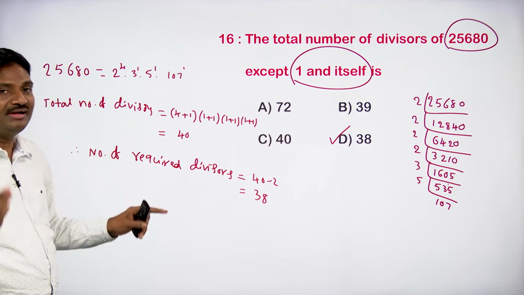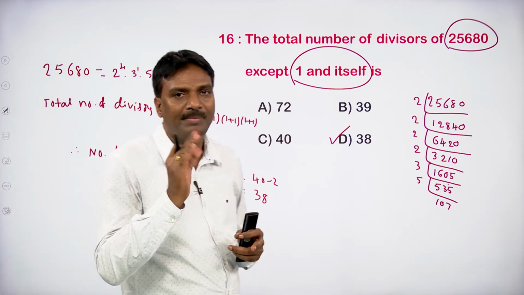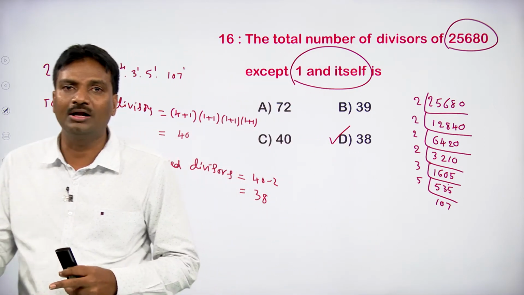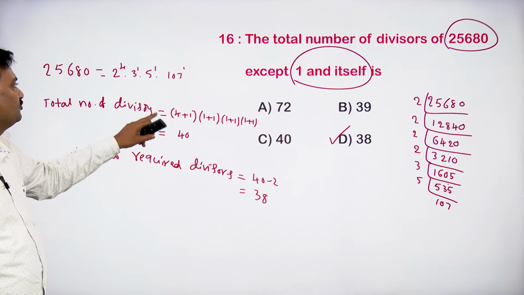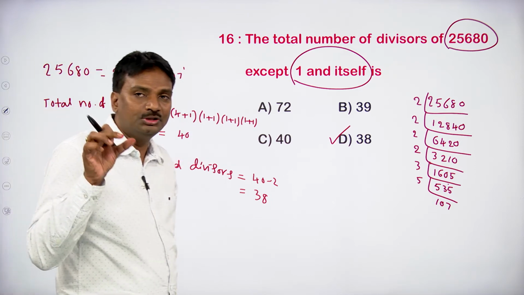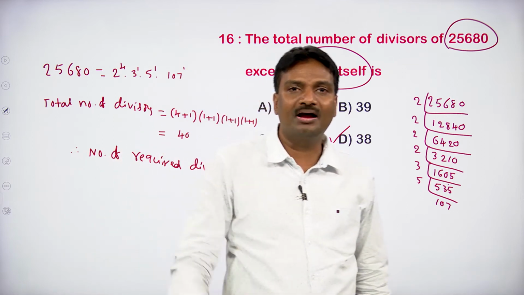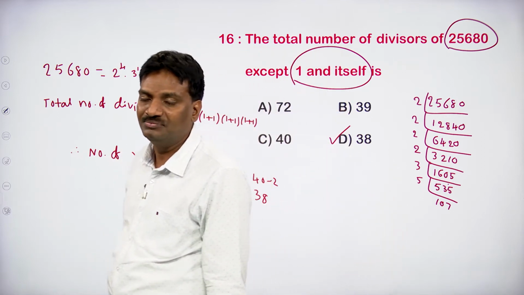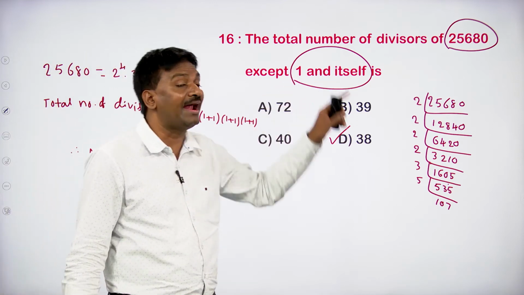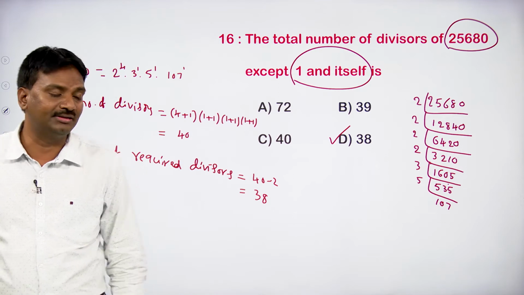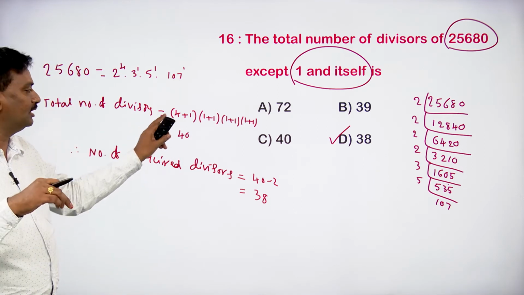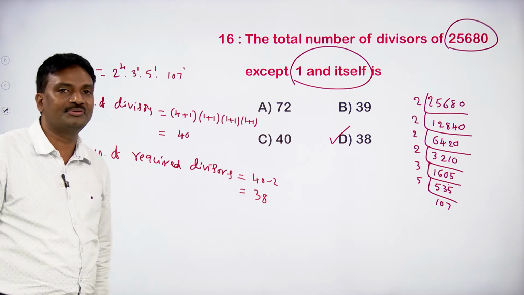First let us find the total number of divisors: p plus 1 into q plus 1 into r plus 1 and so on. So 4 plus 1 into 1 plus 1 into 1 plus 1 into 1 plus 1, we have gotten 40. This 40 represents the total number of divisors of 25,680. But we have to find the number of divisors except 1 and itself. So 40 minus 2 is 38. So option D is correct.